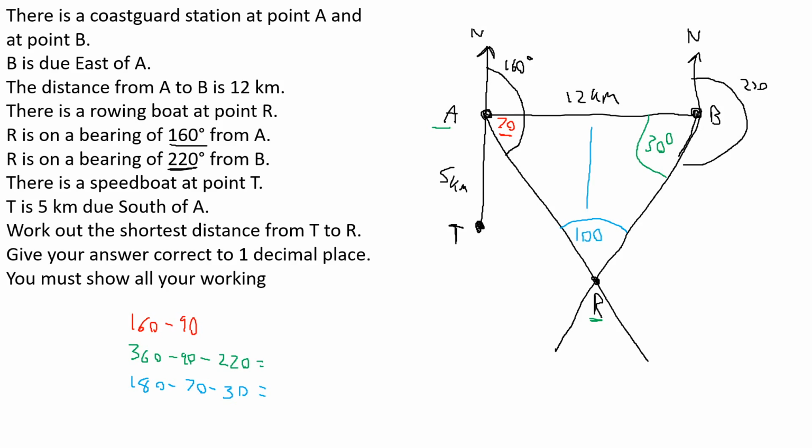So now we can use the sine rule. 12 over sine 100 is equal to, I'm just going to call this one A, over sine 30. So then A is equal to 12 sine 30 over sine 100.